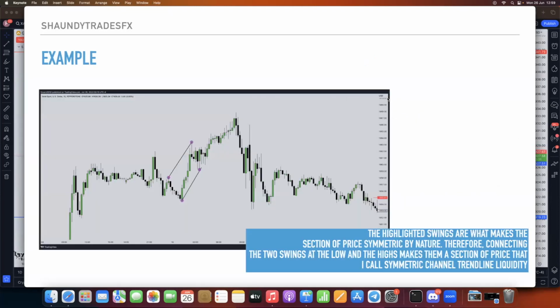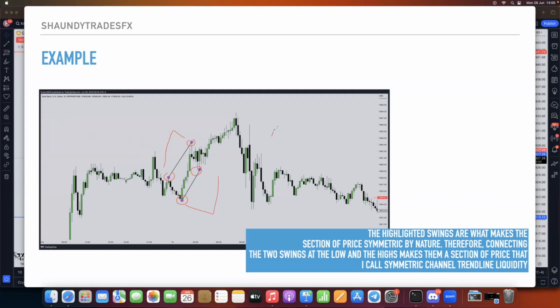As an example, you can see the highlighted swings here and here. They are what make this a symmetric channel trendline liquidity. The two swing highs at the top and the two swing lows at the bottom must connect.